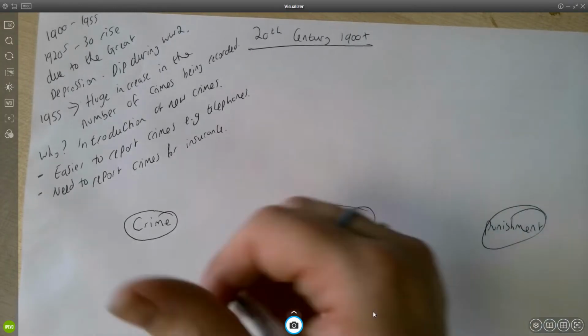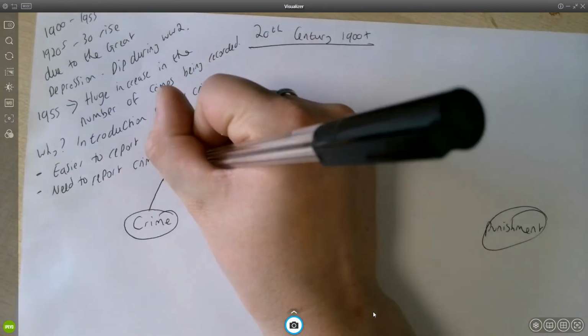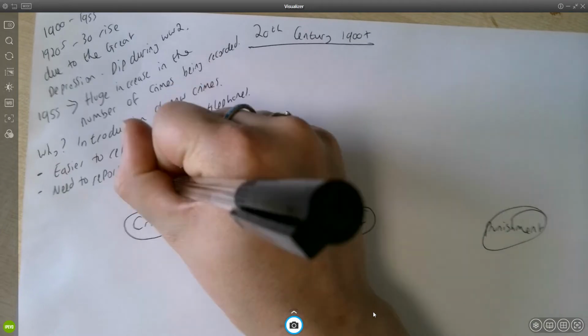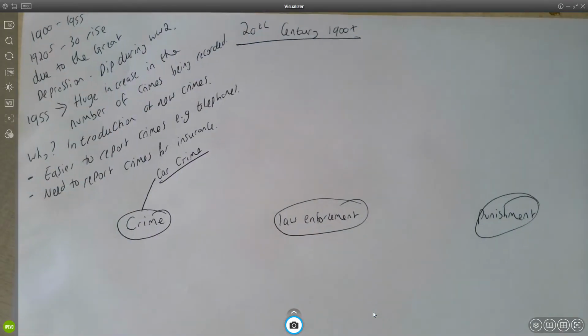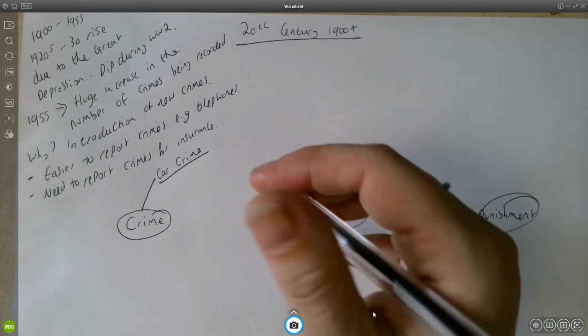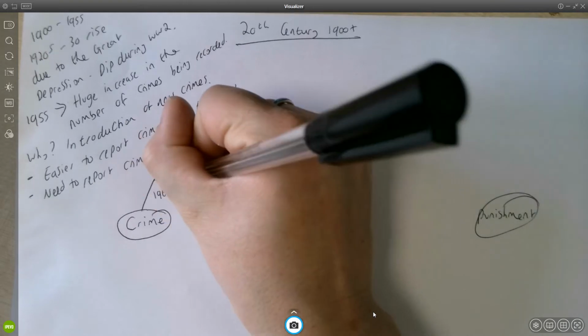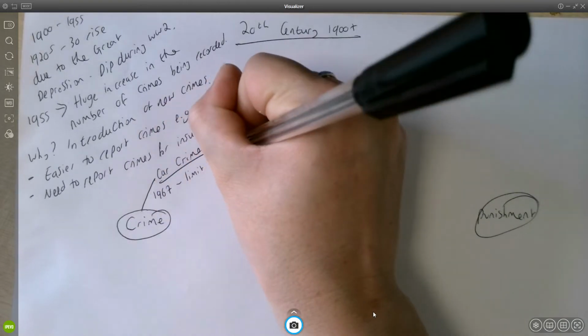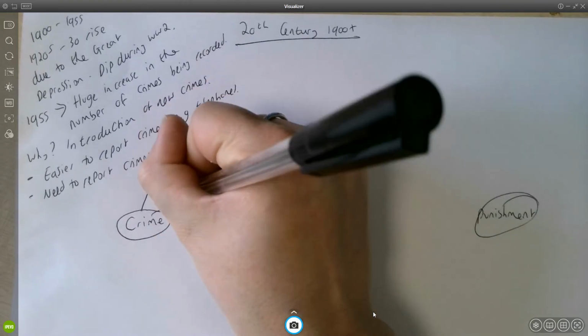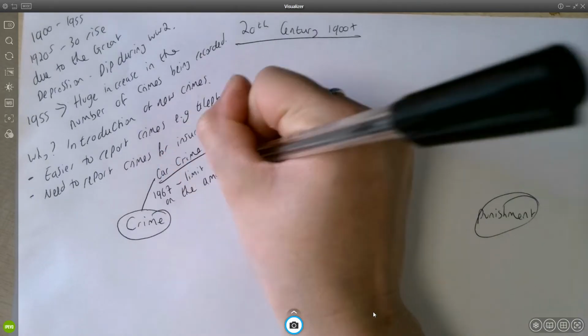Now, as I said, there was a number of new crimes that emerge in this time period. For example, we've got car crime. There's a few different things that can come under the heading of car crime, e.g. drink driving. So in 1967, for the first time, there is a limit placed on the amount of alcohol you can drink and drive.